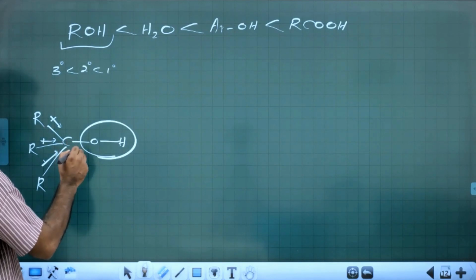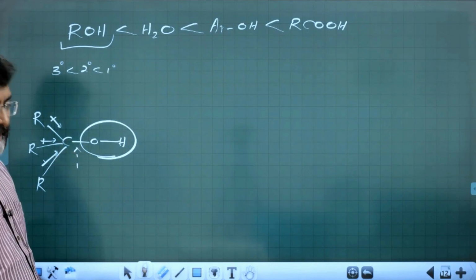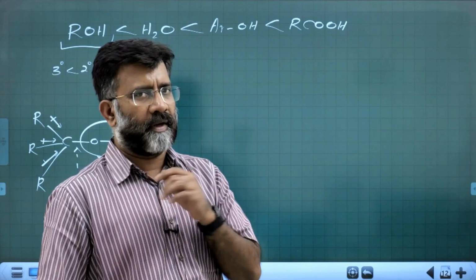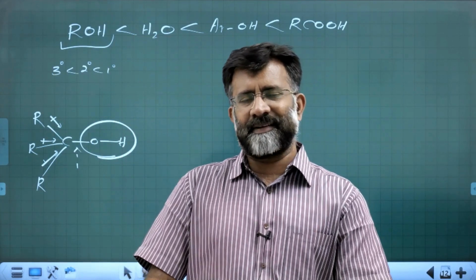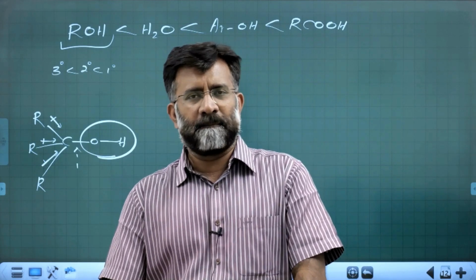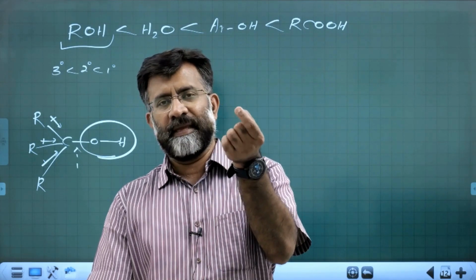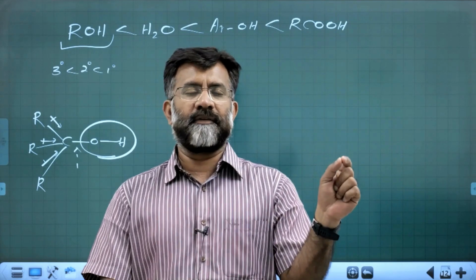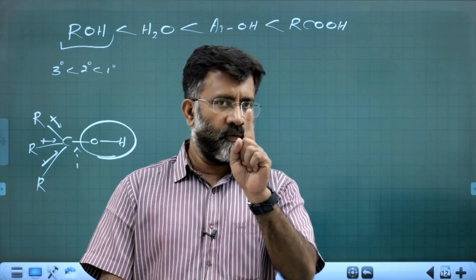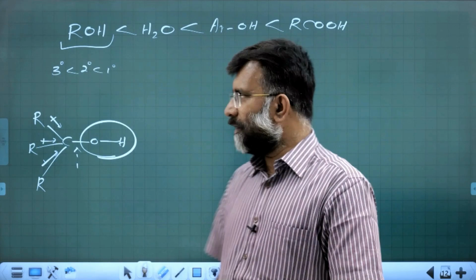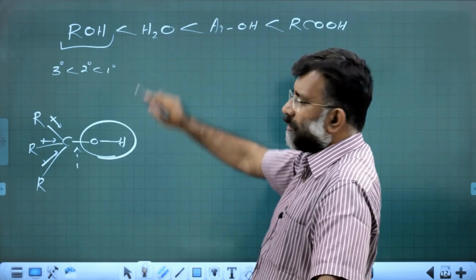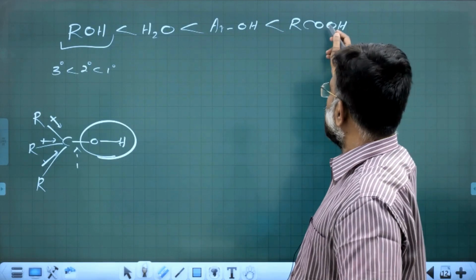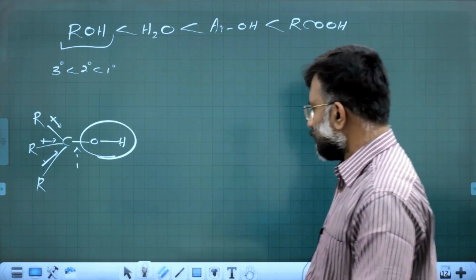We are talking about the acidic nature of alcohols. So primary is most acidic, then secondary, and tertiary is found to be less acidic. Phenols are more acidic than water, and phenols are less acidic than carboxylic acid.